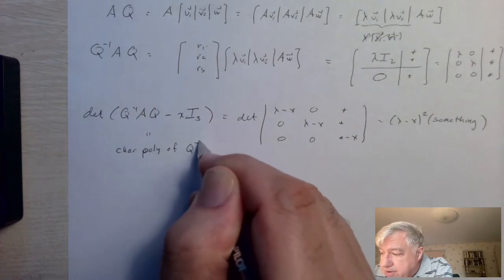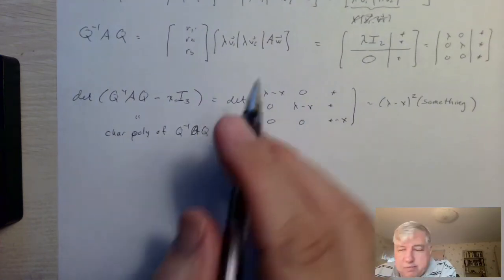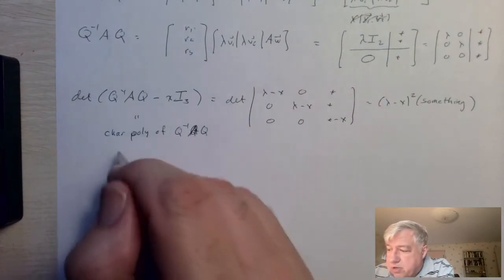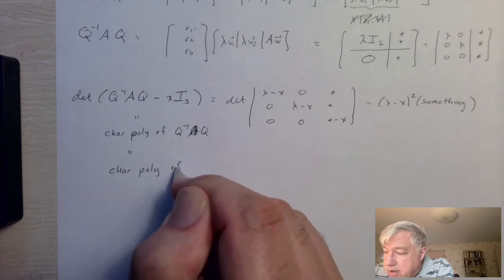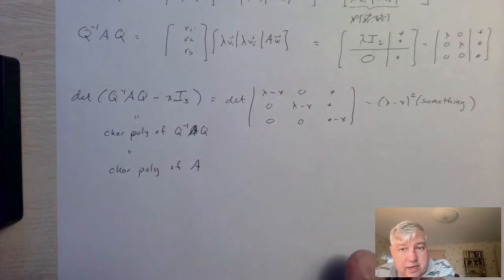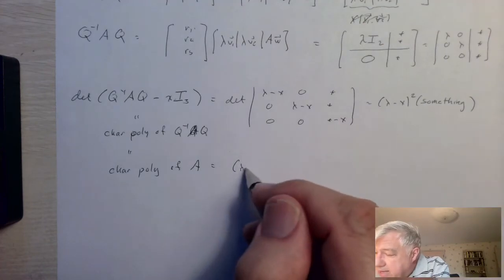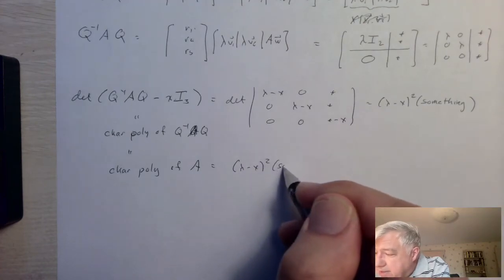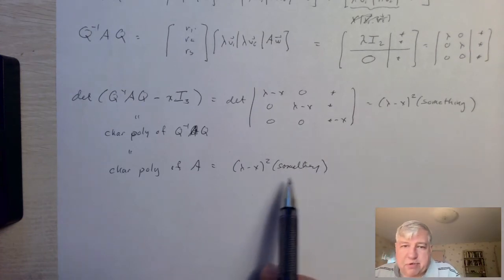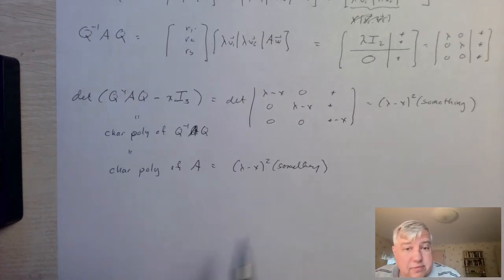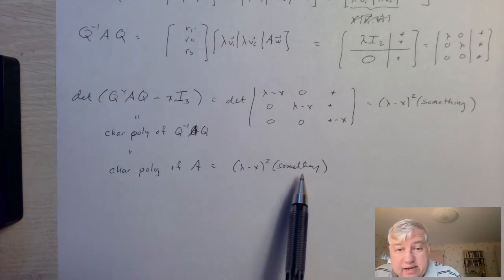And this is the characteristic polynomial of Q inverse AQ, but because this is similar to A, because Q is invertible, this is also going to be the characteristic polynomial of A. So the characteristic polynomial is going to be lambda minus x squared times something. Actually, this something is really just going to be one linear factor. It might have lambda minus x as a factor, it might not.